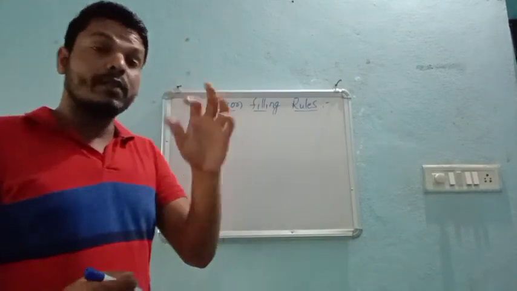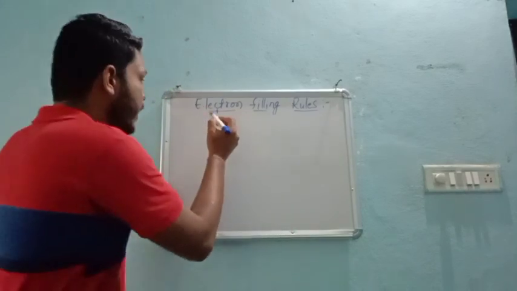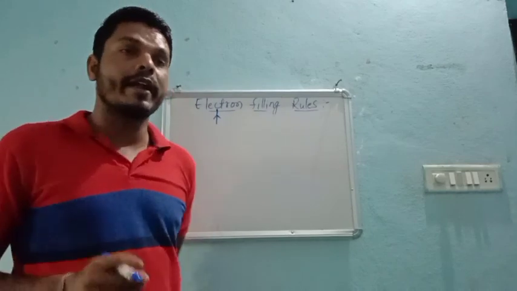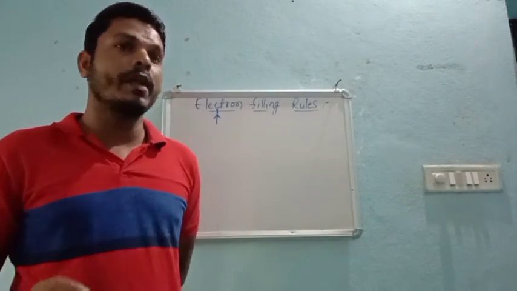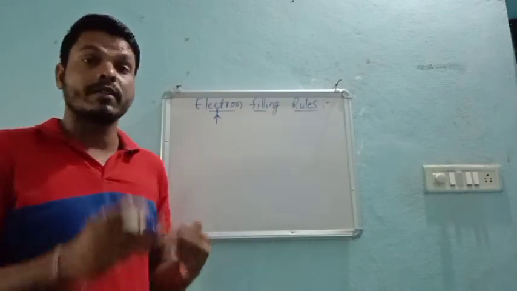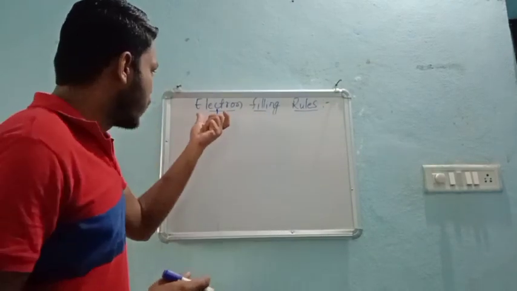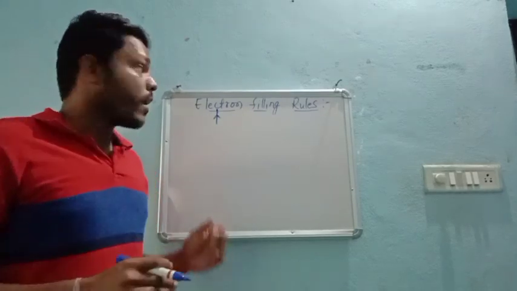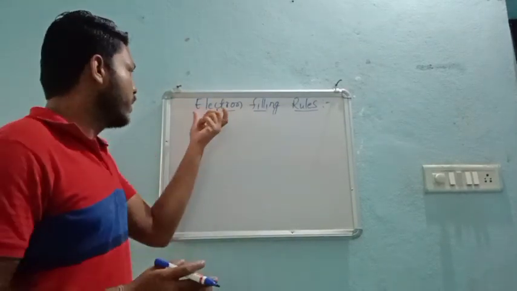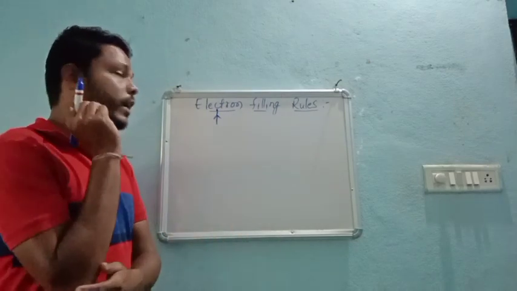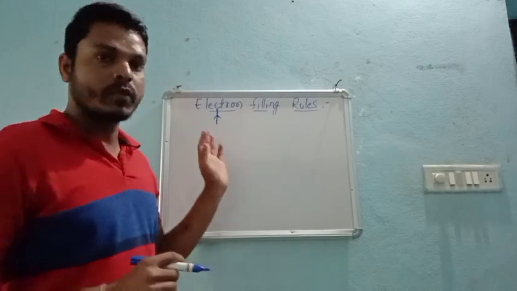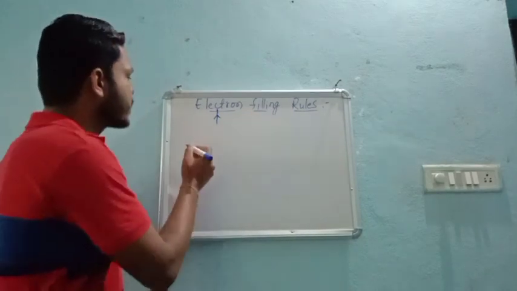Before going to that main topic, we see some extra characters of the electron, which are very important before filling the electrons into the separate orbits. We have to know the important required characters for the electron to fill into the different shells or subshells of any atom. So let us have some extra characters.